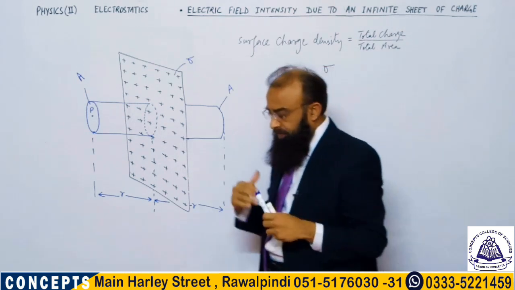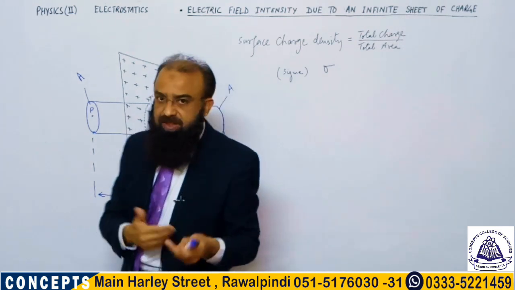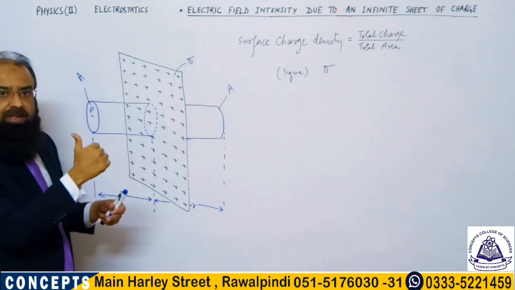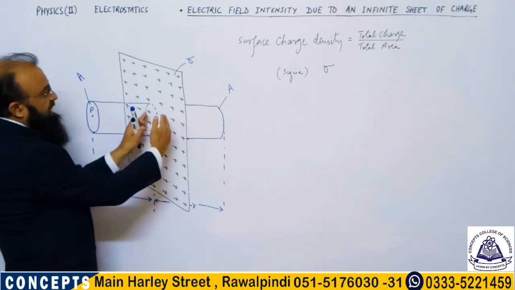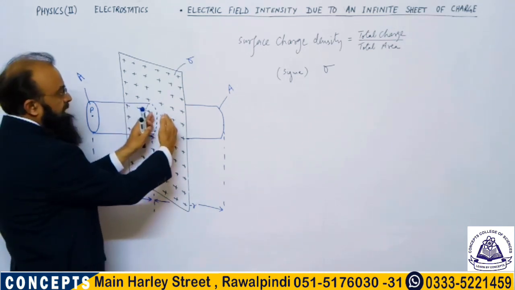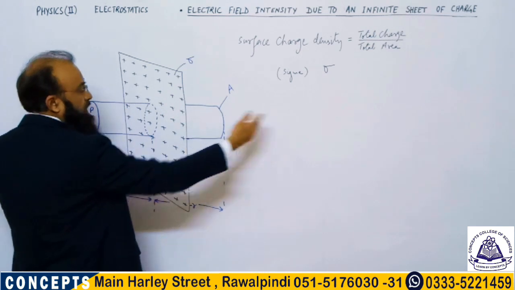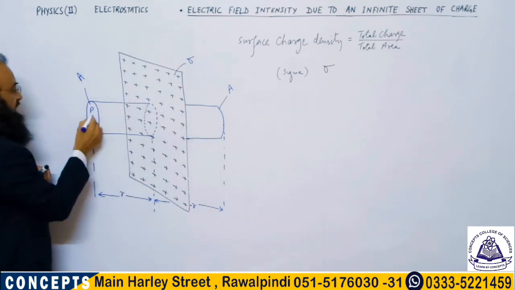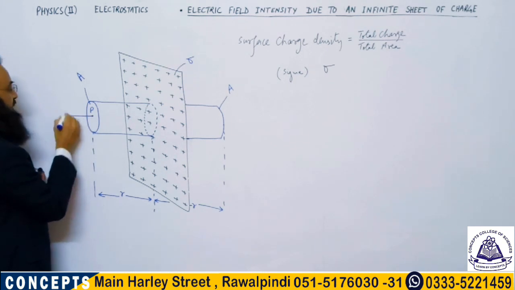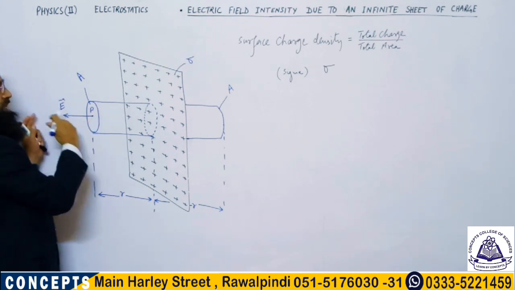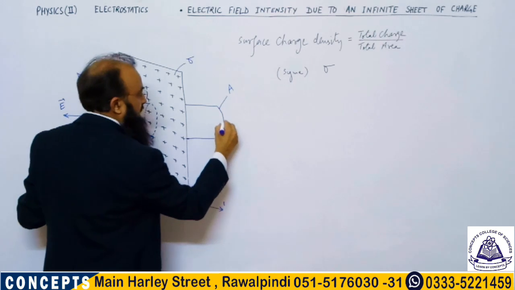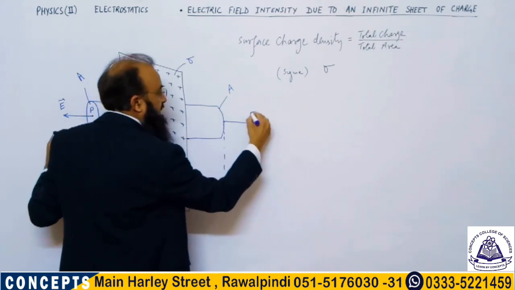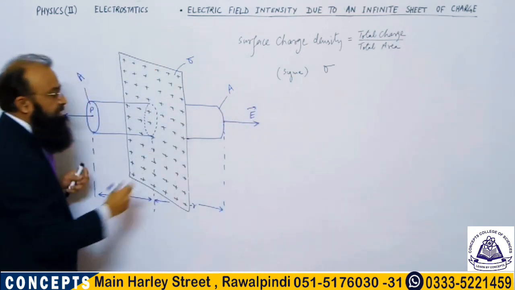Now you know that for a positive charge, the electric field lines come out vertically outward. So all these electric field lines are emanating from this sheet outward. Some of the electric field lines are moving in this direction on this side, and some are emanating in the other direction from this side.